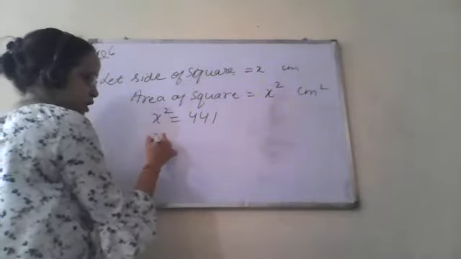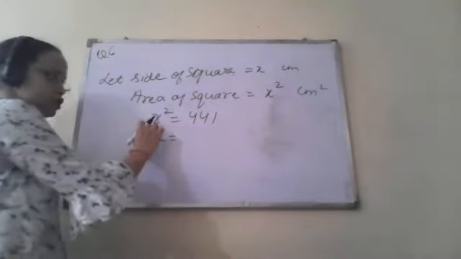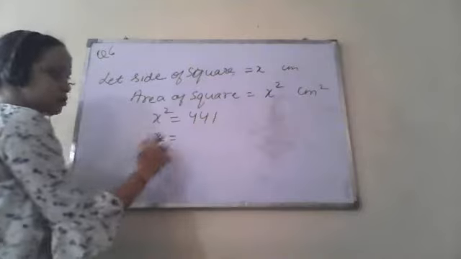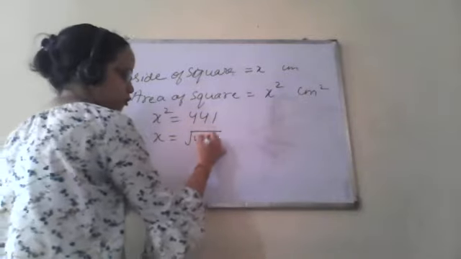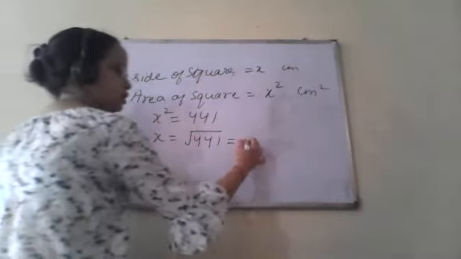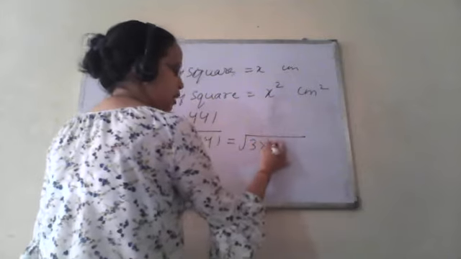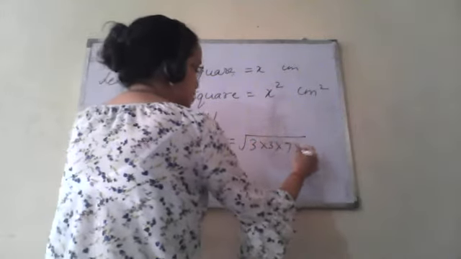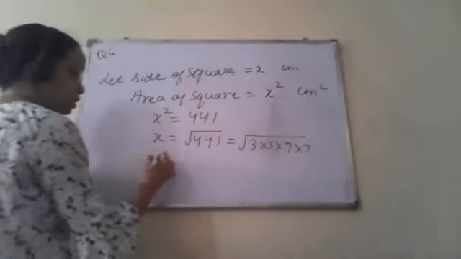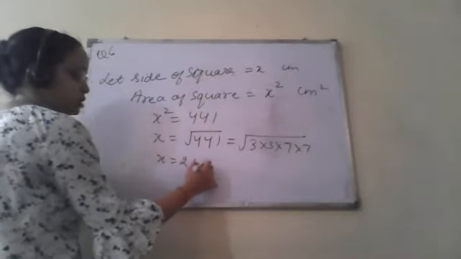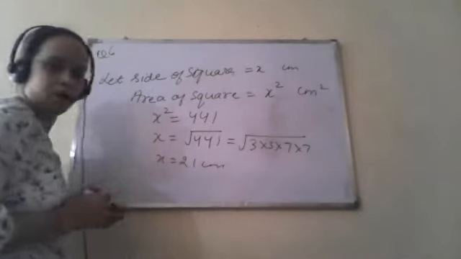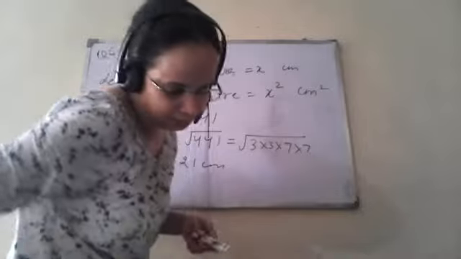Okay, so if the square of x is 441, x will be square root of 441. You can calculate by any method, either prime factorization or division method. x comes out to be 21 centimeter. So the side of square is 21 centimeter.